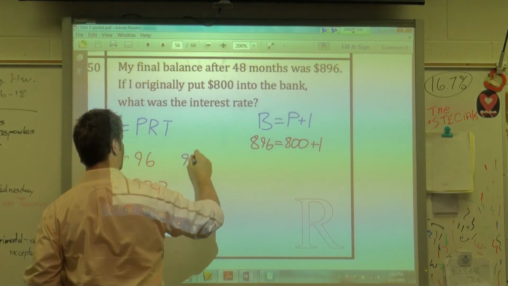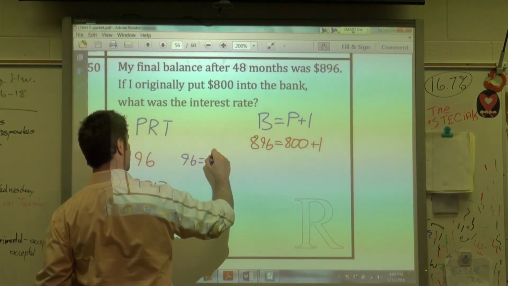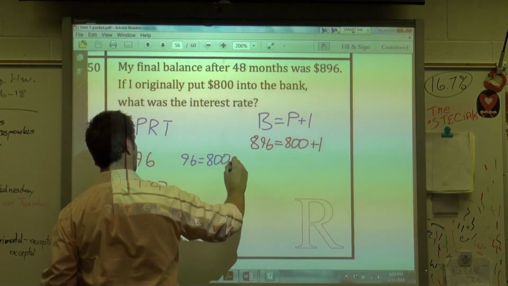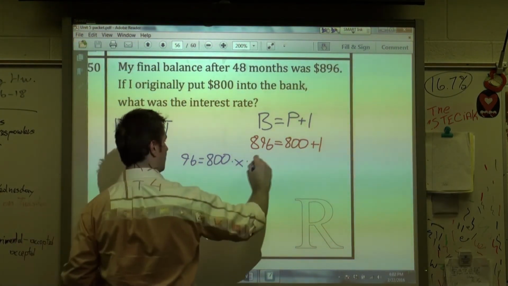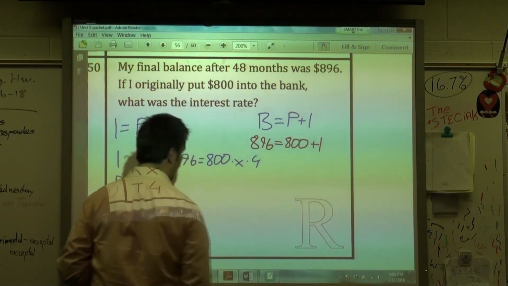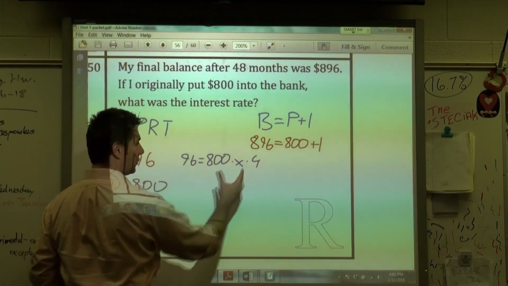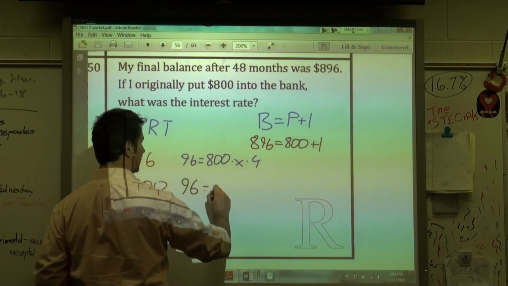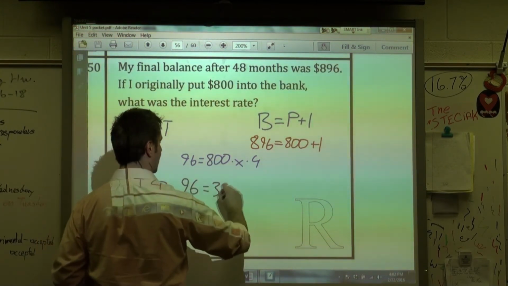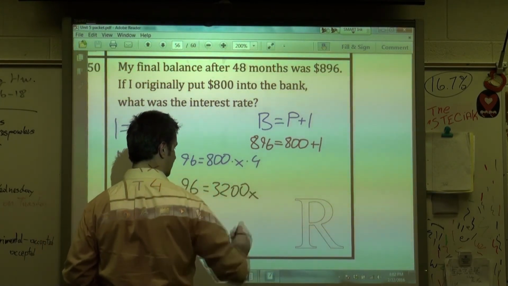My interest, which is 96, will equal principal 800 times X times 4. We can multiply 800 and 4 together, and we're going to have 96 equals 3200 X.